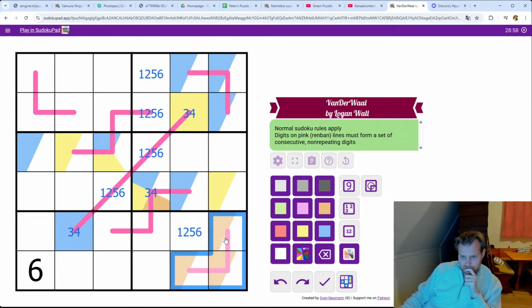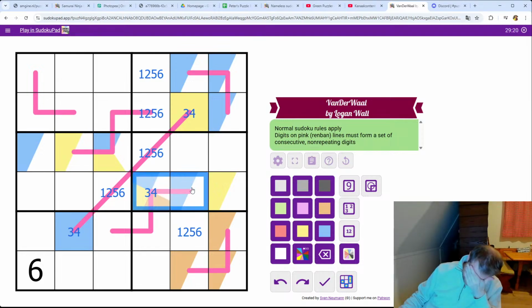Wait, if this is yellow, then it's only there. And if this is blue, yeah, it could be everywhere. Wait, what? So, I don't get your logic.